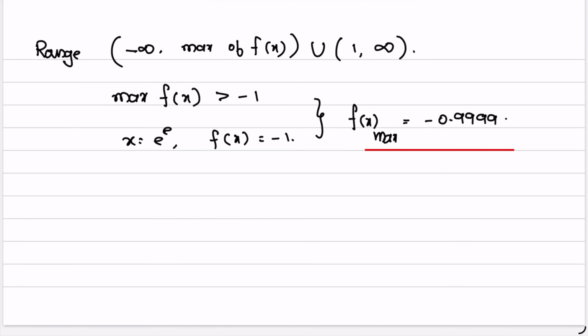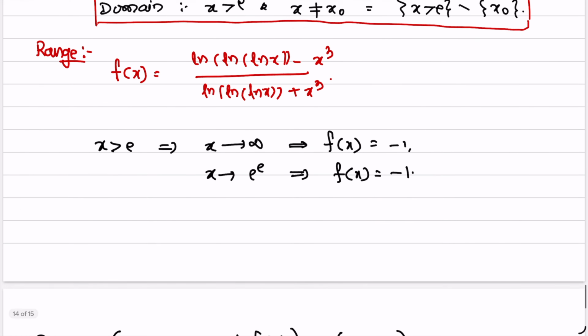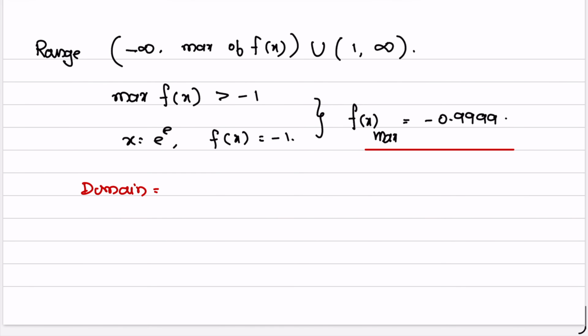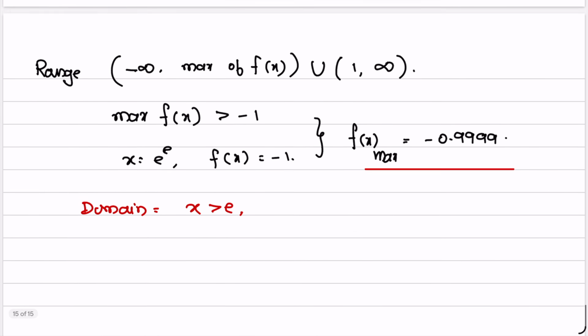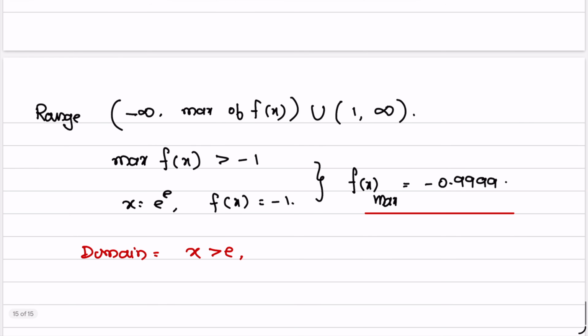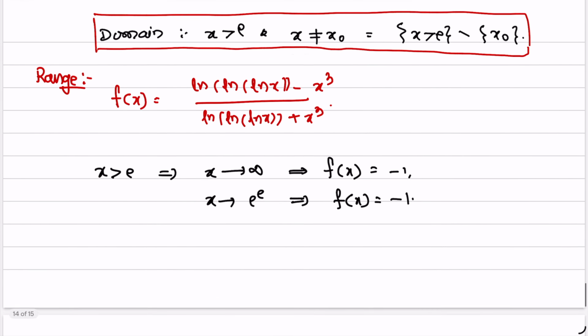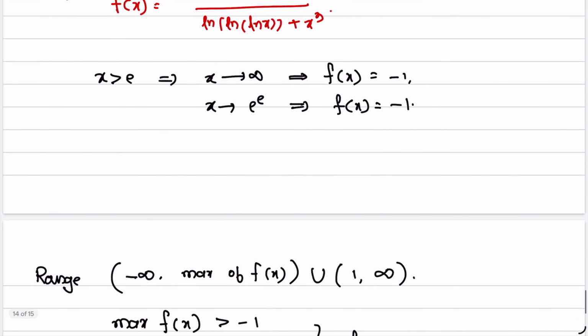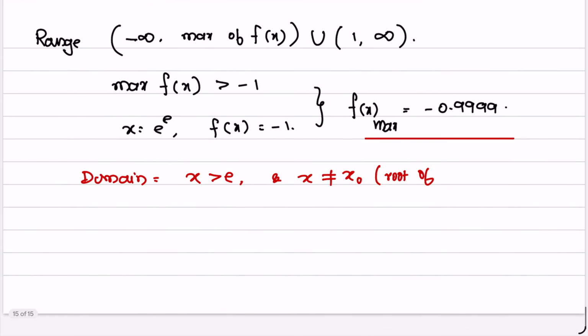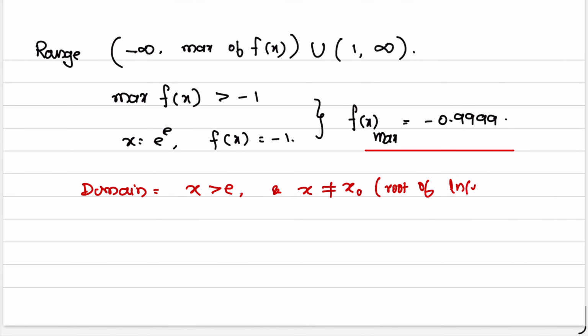Now, the answer is: domain is x greater than e and x is not equal to x naught, the root of ln of ln x plus x cube is equal to 0.